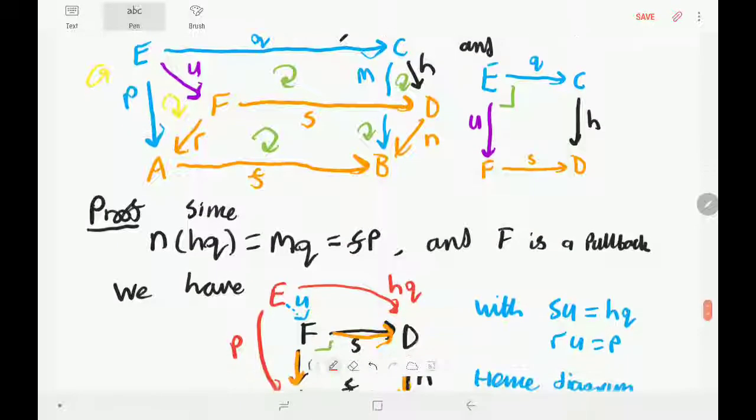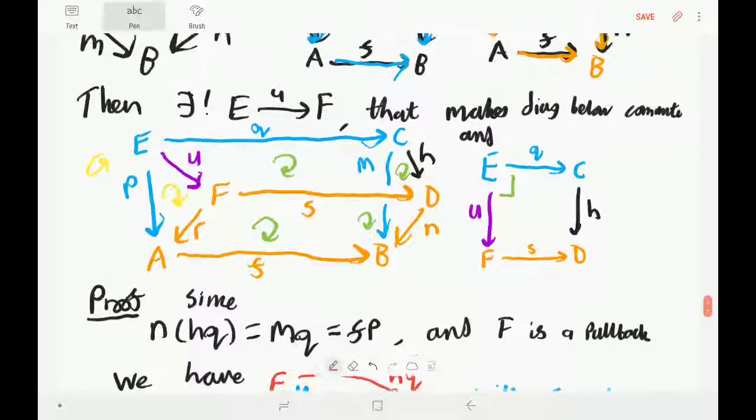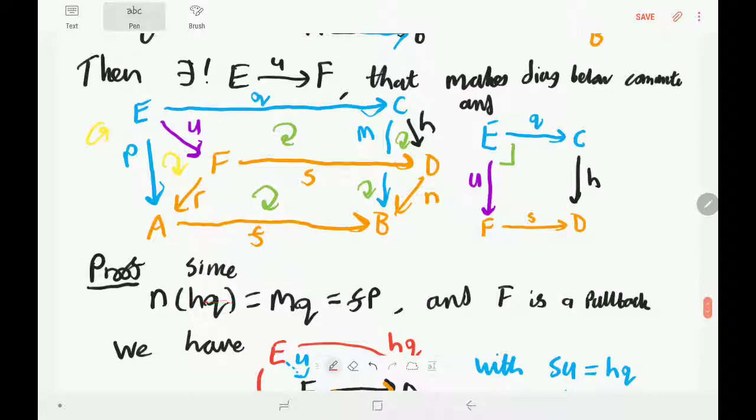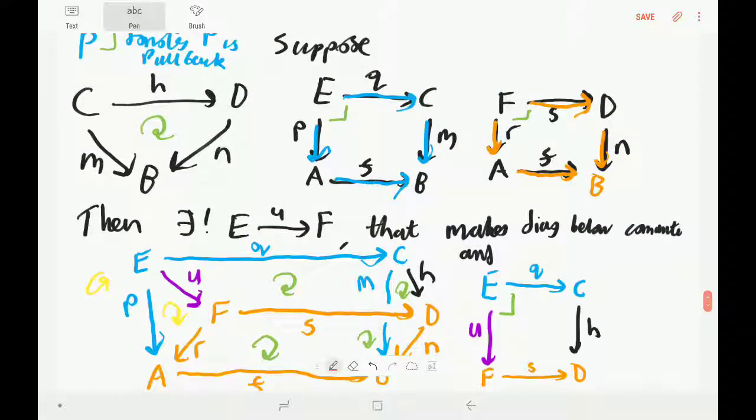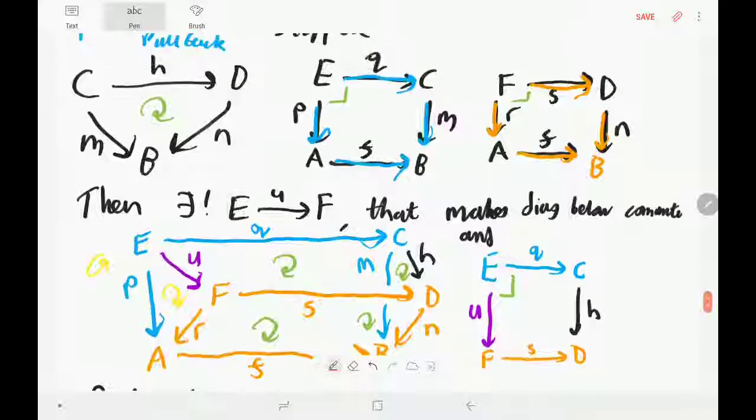Okay, so the proof is actually quite short. It's basically that NHQ, so we've got N here.